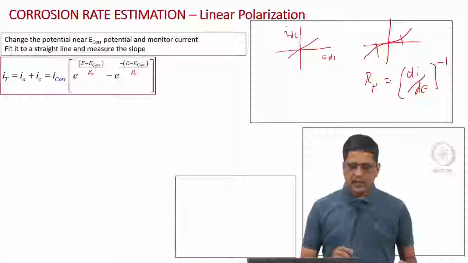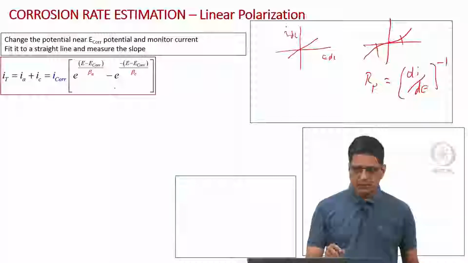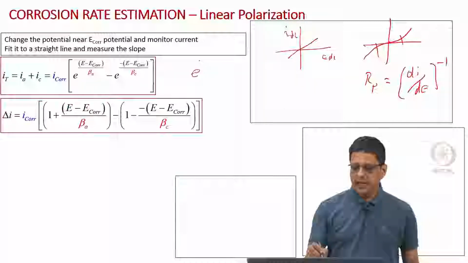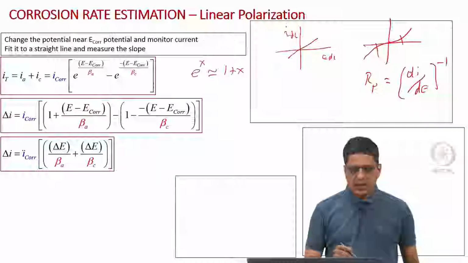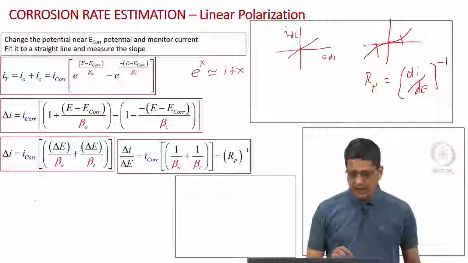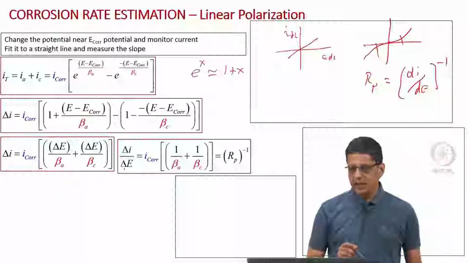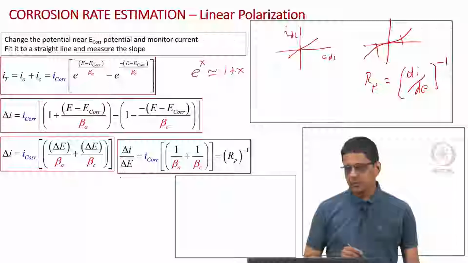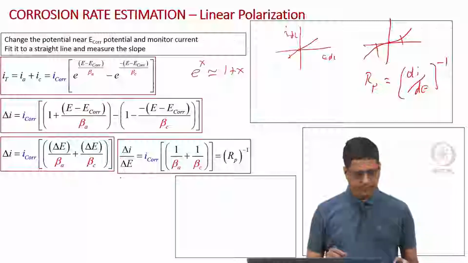So, this Tafel equation or this expression, if we expand it in a Taylor series and then linearize, we can write e power x as approximately 1 plus x, and therefore, we will get an expression like this. You can rearrange it and then divide by del E, a small change in potential, and you can get the expression for polarization resistance.